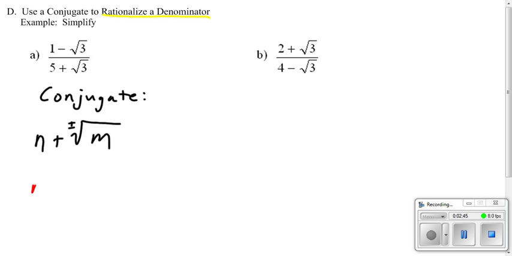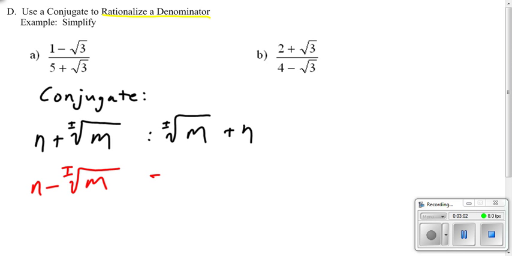So our conjugate would be n minus our root of m. Now, if they had it written in this form, if they had I root m plus n, our conjugate then, we switch the sign that's in front of the radical to negative I root m plus n. So it's always the sign that's in front of the radical that needs to get switched, because that ensures then that when we multiply it by the original, we'll get rid of all of our radicals.